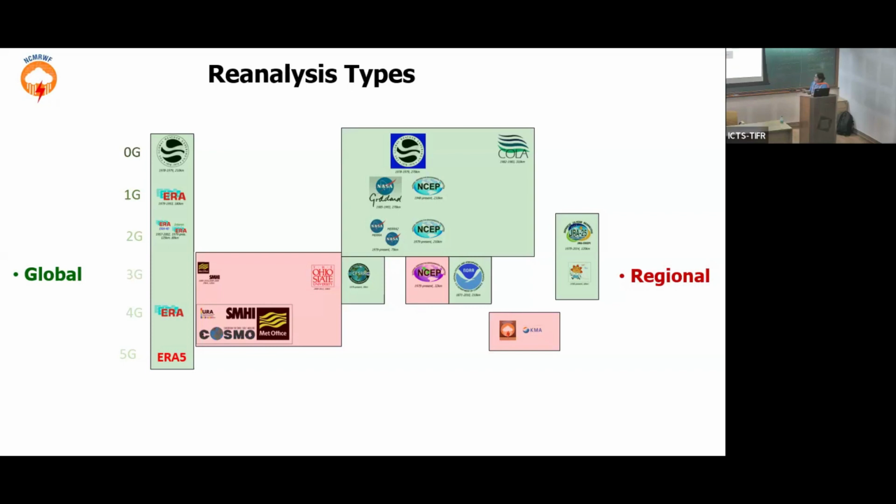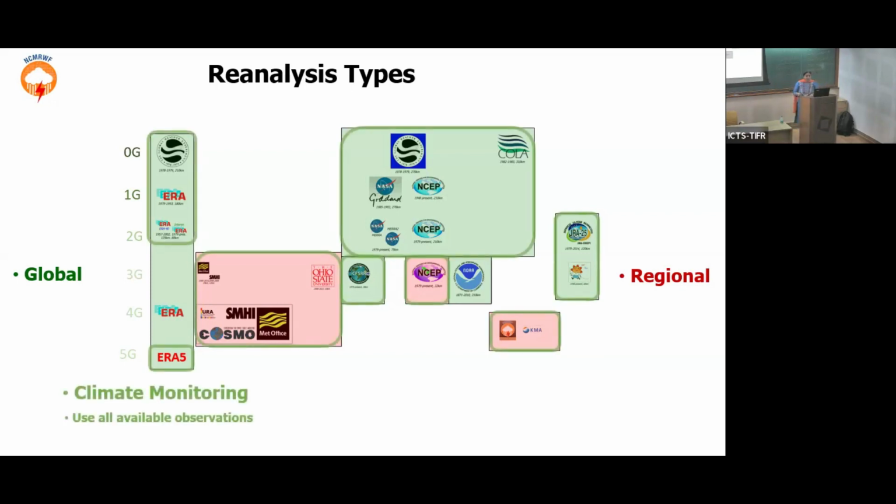So IMDAA is one of the regional reanalysis, and we have the KMA, then JRA, sorry, JRA is the global, then NCEP regional reanalysis, and some of the reanalysis from Met Office, SMHI, all those are in the regional domain. And again we can classify reanalysis, first it is global or regional, and generation wise 0 to 5th, now the 6th is coming, and we have the climate monitoring.